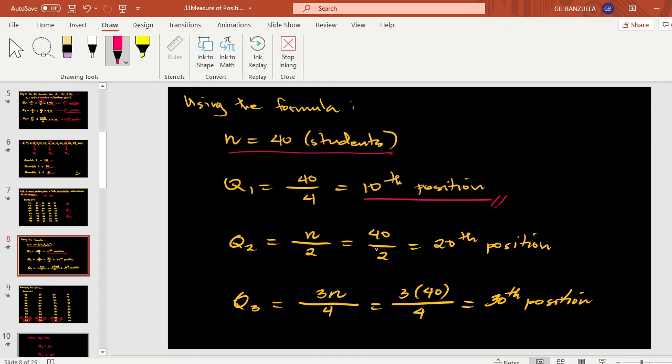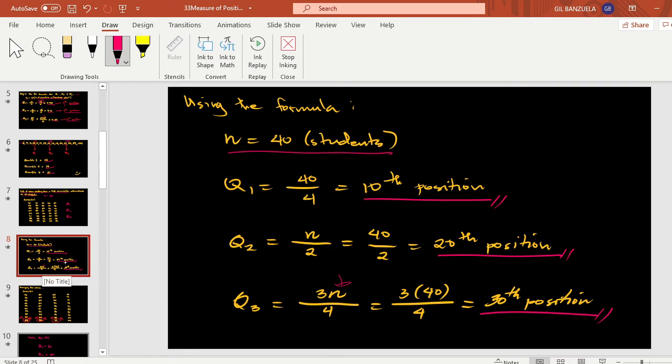For quartile 2, your n is equal to 40 divided by 2, so quartile number 2 is at the 20th position. And for quartile 3, plugging in n, which is equal to 40, we arrive at the 30th position. So we can get the value for quartile 3 at the 30th position.